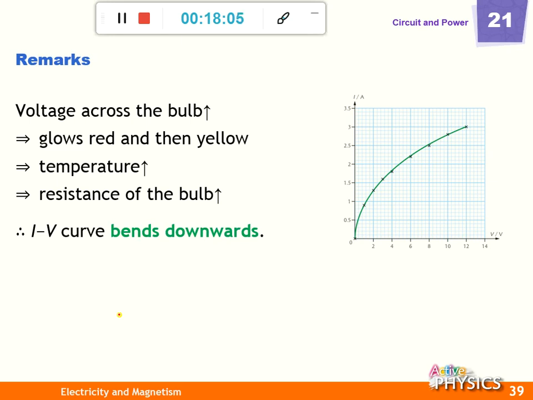From red to violet, violet has more energy than red. In this case, yellow has more energy than red. This shows us that the temperature is increasing. If the temperature increases in a metal, the resistance will increase. This explains why the IV graph bends downward.